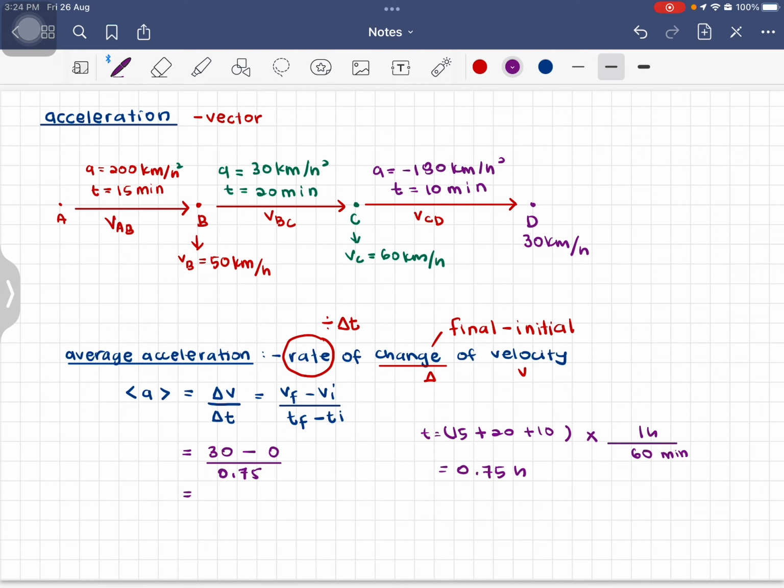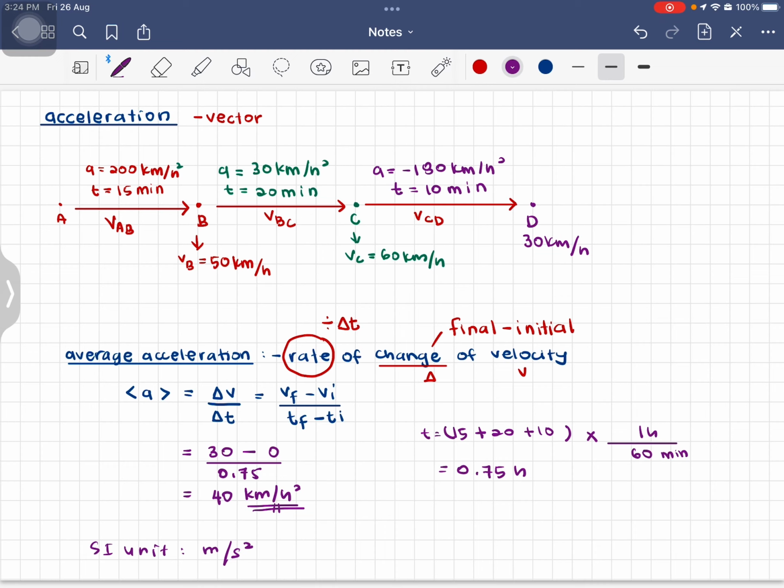You will get your average acceleration as 40 km per hour squared. However, we can have acceleration in kilometers per hour, but its SI unit should be meters per second squared.